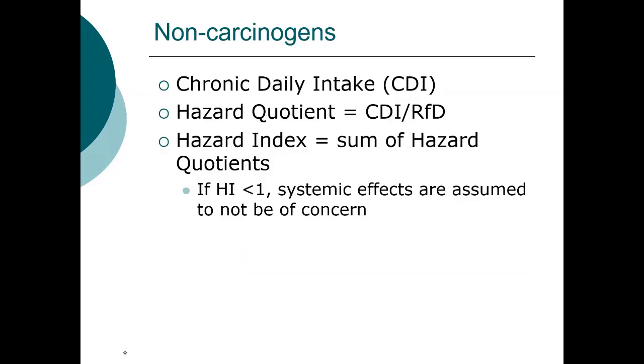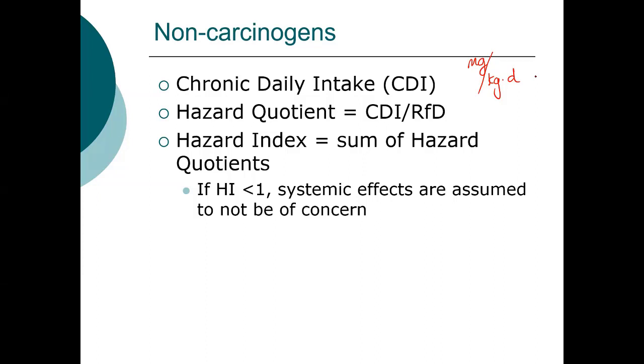The chronic daily intake is the mass that is consumed, and this is typically its mass, for instance, in milligrams, per body weight per day, so per kilogram. And typically it would be per day.